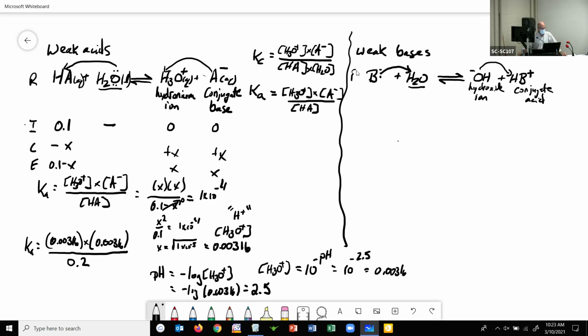Same thing, we can do the RICE table. Let's say its initial concentration is 0.1. We don't keep track of water. We're going to assume no hydroxide or conjugate acid initially. We lose a little bit, make a little bit, make a little bit.